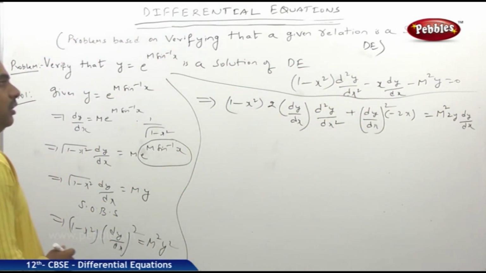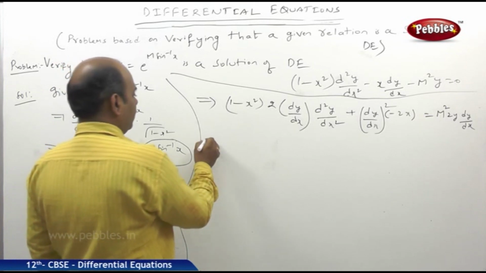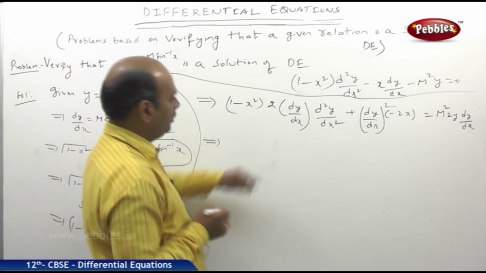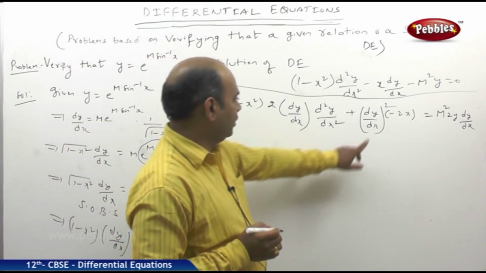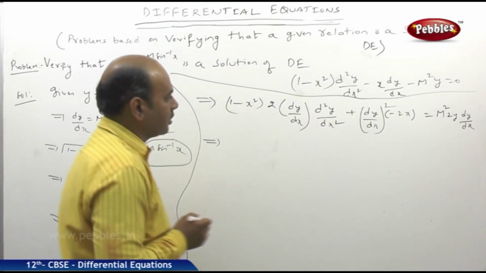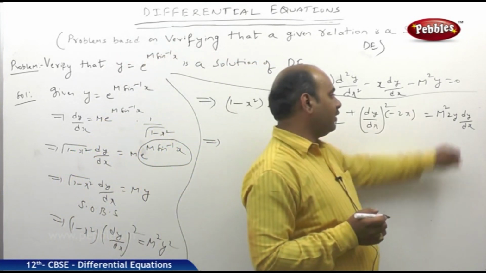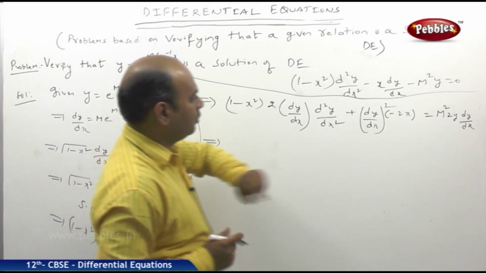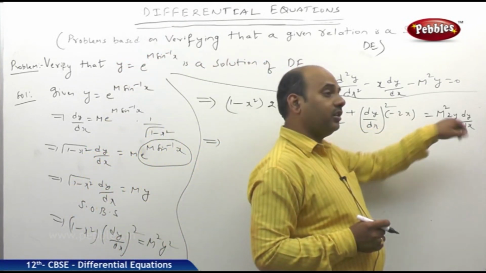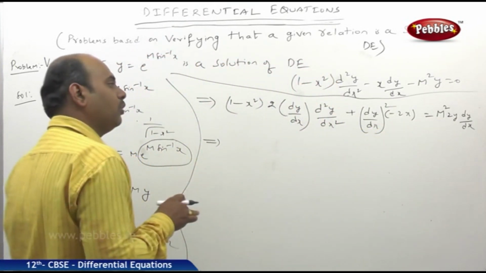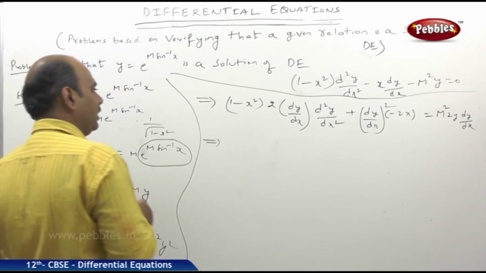Now I think we are going to finish our problem. If you observe carefully, here dy by dx is there, here dy by dx whole square is there, and here dy by dx is there, here 2 is there, here minus 2 is there, and here 2 is there. So I can remove all 2 into dy by dx.